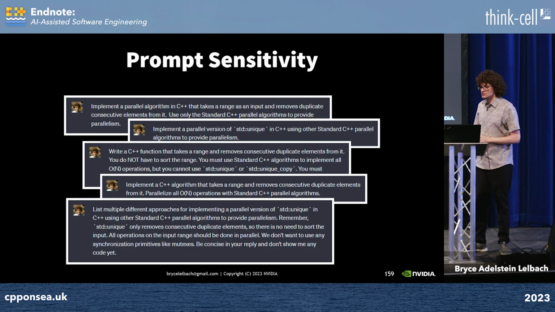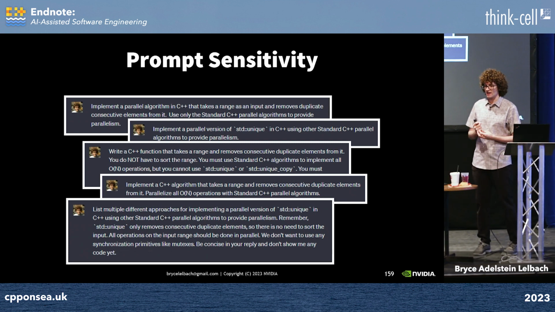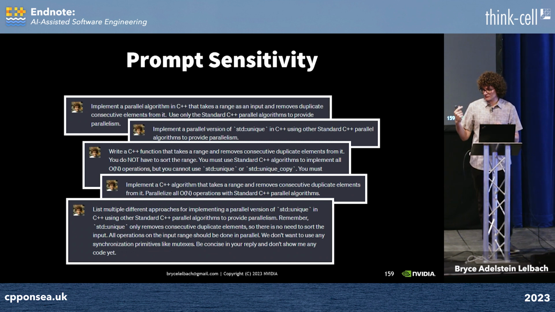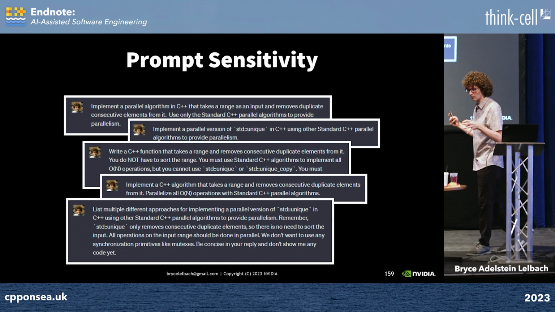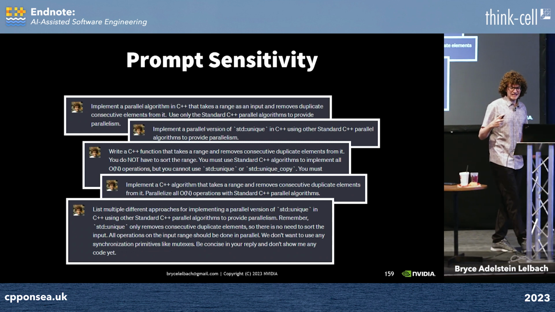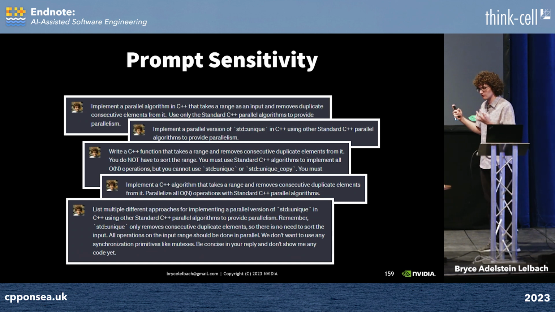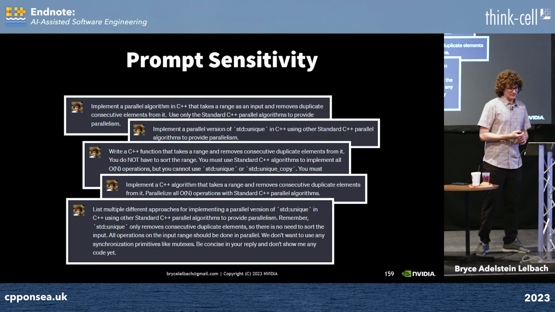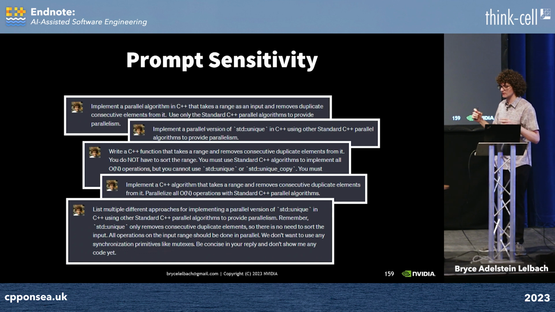One of the major limitations of large language models today is their sensitivity to the text of the prompt. To get started with a successful session, I think I tried 6 or 7 sessions for this problem before I got to one that seemed like it was headed in the right direction. That took a little bit of prompt tuning to get a prompt that expressed all of my requirements clearly in a way that would lead it to success. There's often not a clear fixed point prompt that robustly generates good code.